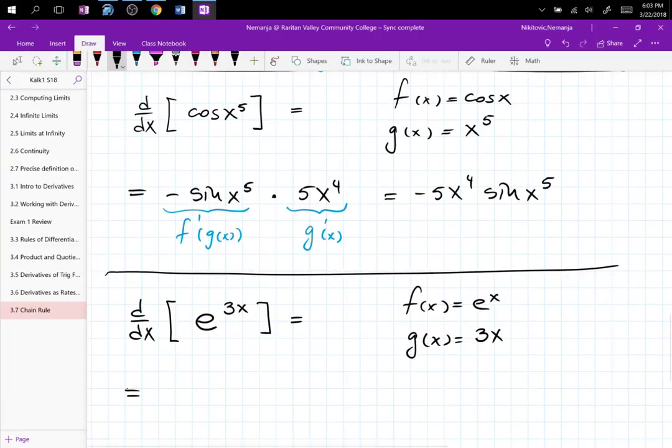So what do I get here? What's the derivative of e to the x? E to the x. So I have to copy e to the 3x, right? Times, and what's the derivative of the exponent? What's the derivative of g? 3. So the whole thing is 3e to the 3x.